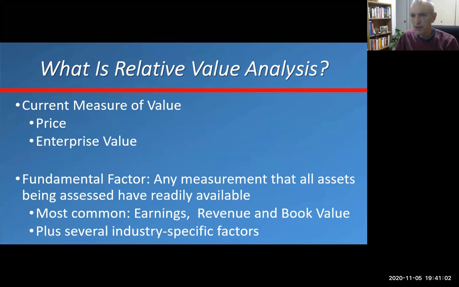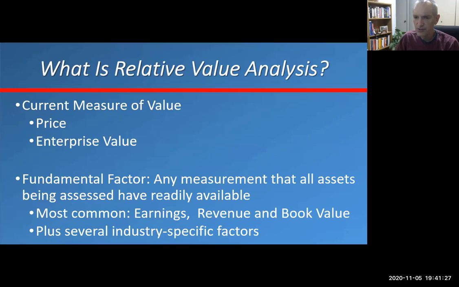All right, so here are the two measures: price, enterprise value. Price is just the price of the stock. That's pretty simple. Enterprise value gets a little tricky. Enterprise value is essentially the market value of the equity, plus debt minus cash. And so for firms like Apple, who have a lot of debt but also a lot of cash, essentially the price and enterprise value are exactly the same.